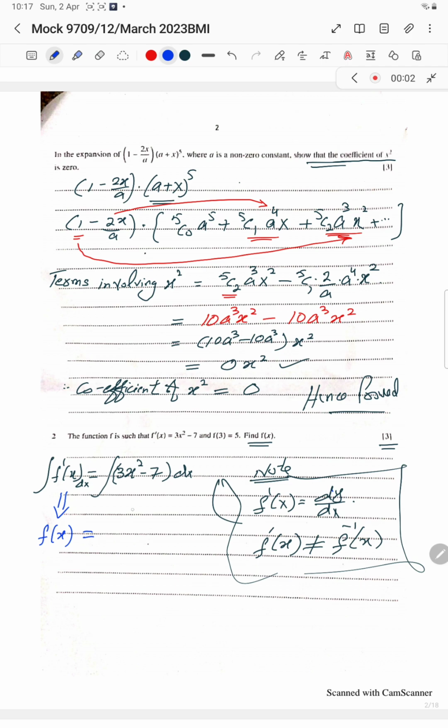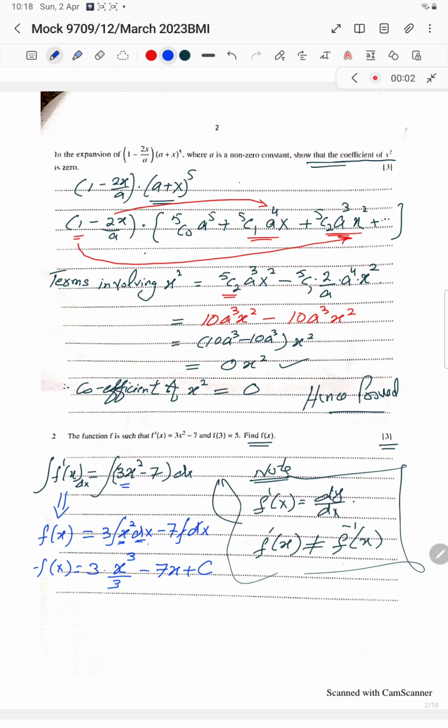This gives the separate integrations: 3 goes outside the integral of x² dx, and minus 7 goes outside the integral of dx. So f of x will be 3 times x, as we have the differential of x along with it, add 1 to the power, 2 plus 1 makes 3, and divide by the same new power 3, and the 7 here gives 7x, plus the constant of integration.